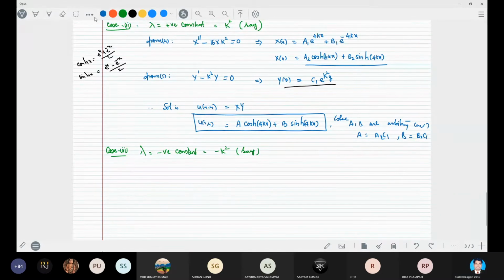In such case, from 4 it will be x double dash plus 16 k square x is equal to 0. This will give you the solution. This is again an ordinary differential equation of order 2 in x, right? So in such case, what will be the solution? Can anybody say? This is an ordinary differential equation with constant coefficients. What is the solution of this?